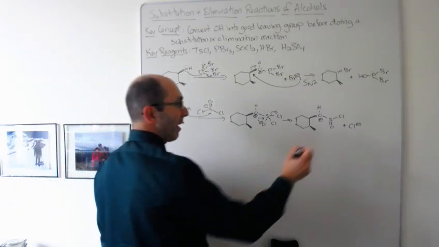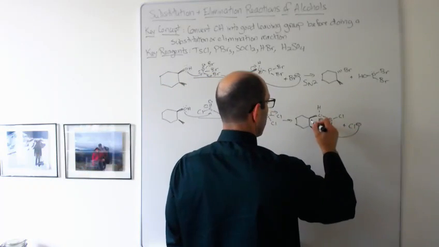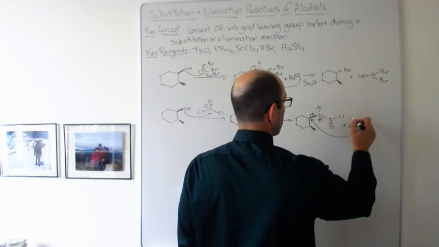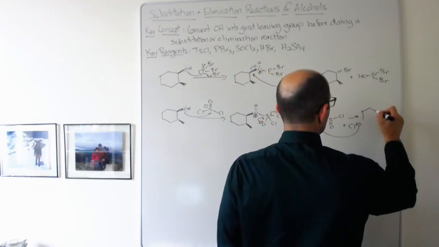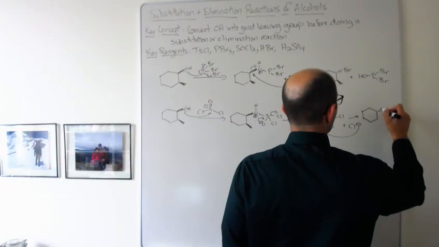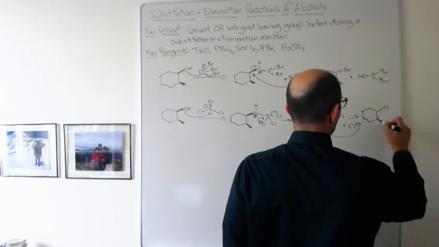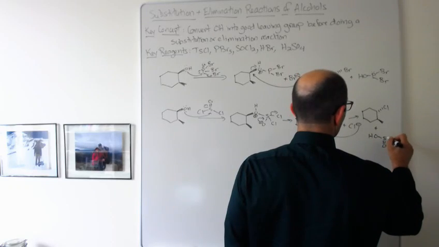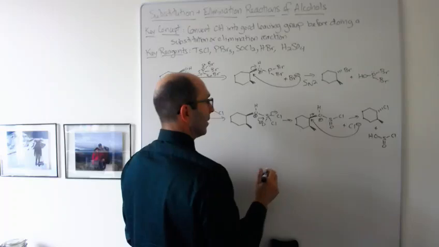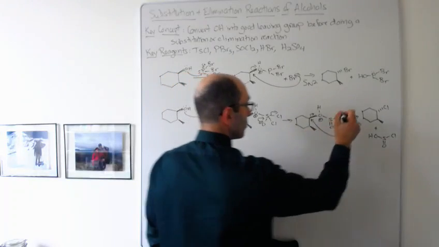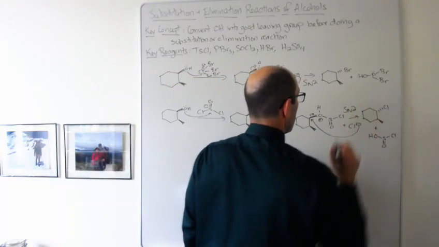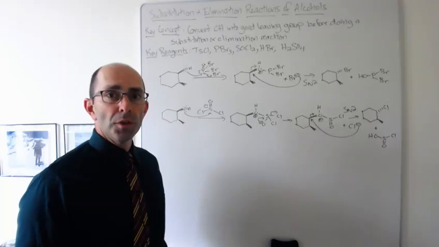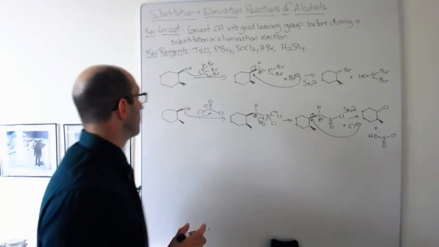Chloride now is the nucleophile that can displace the oxygen, and that gives us our inverted chlorine. Right, and again, this is our SN2 reaction where we're getting inversion, only going to work for primary or secondary alcohols.